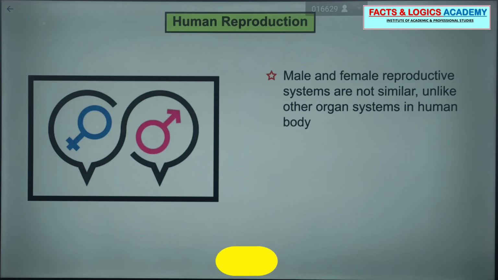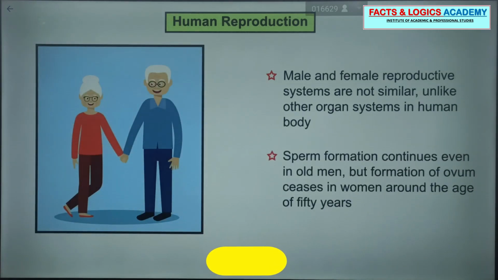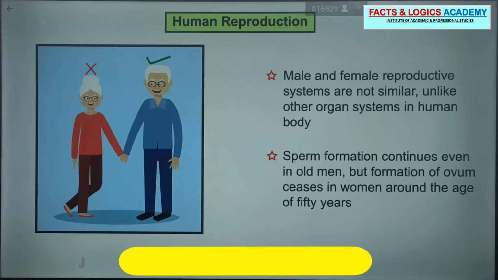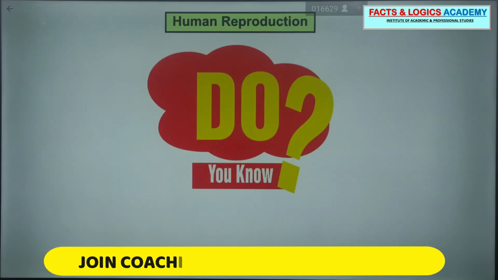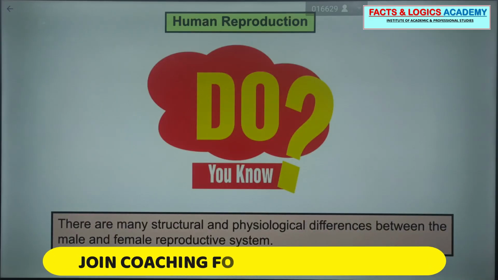For example, sperm formation continues even in old men, but the formation of ovum ceases in women around the age of 50 years. Do you know there are many structural and physiological differences between the male and the female reproductive system? Well, yes, we will get to understand this in detail.